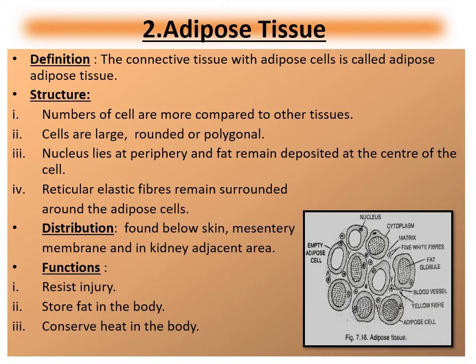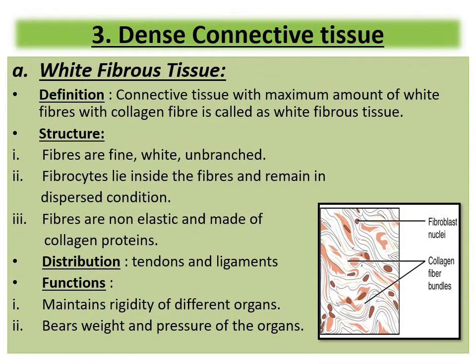Reticular elastic fiber remains surrounded around the adipose cells. These are found below skin, in mesentery membrane and the kidney adjacent area. Some of their important functions are that they resist injury, store fat in the body, and conserve heat inside the body.